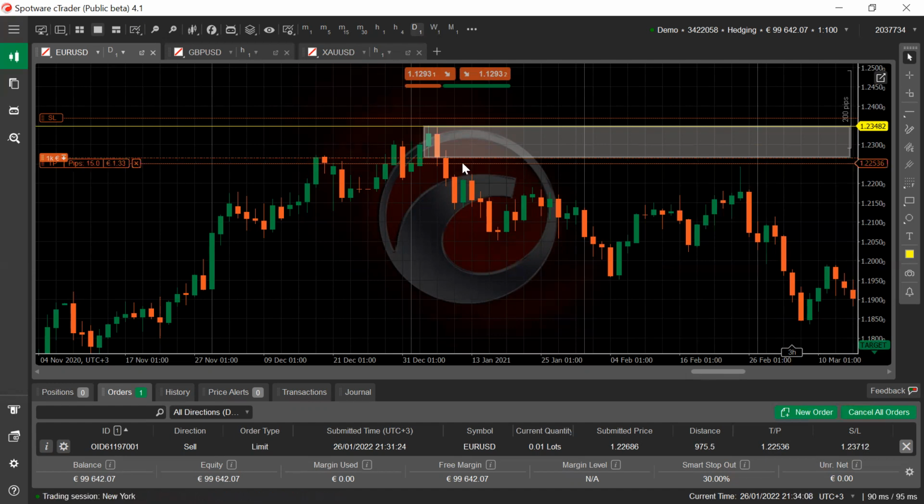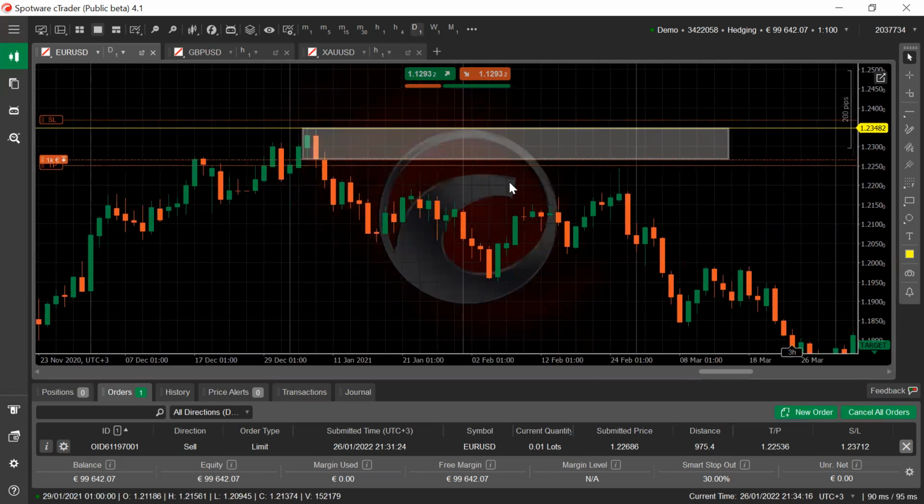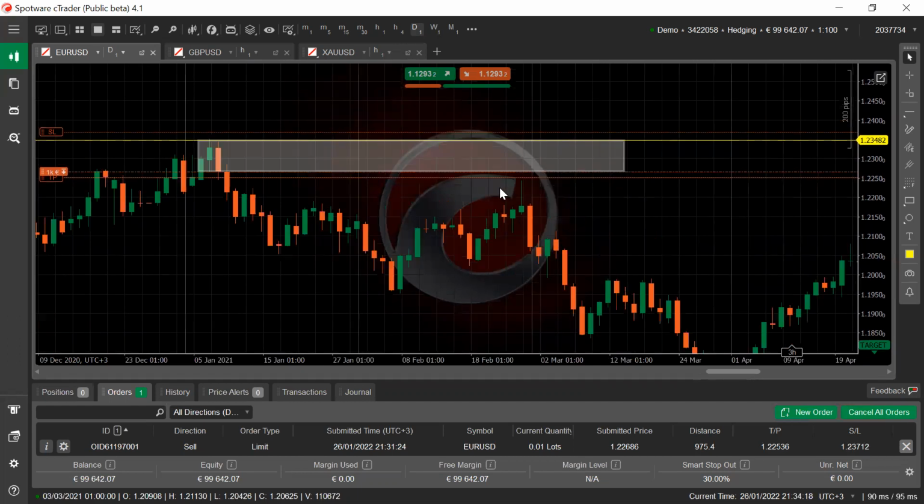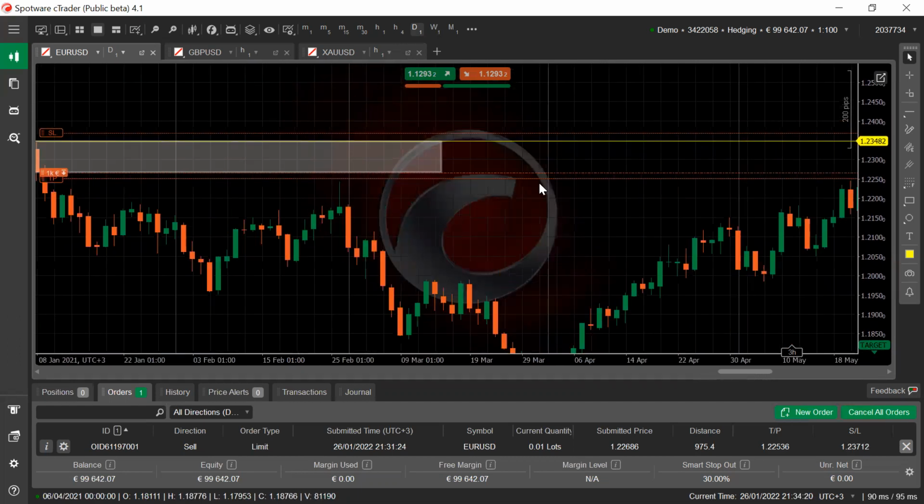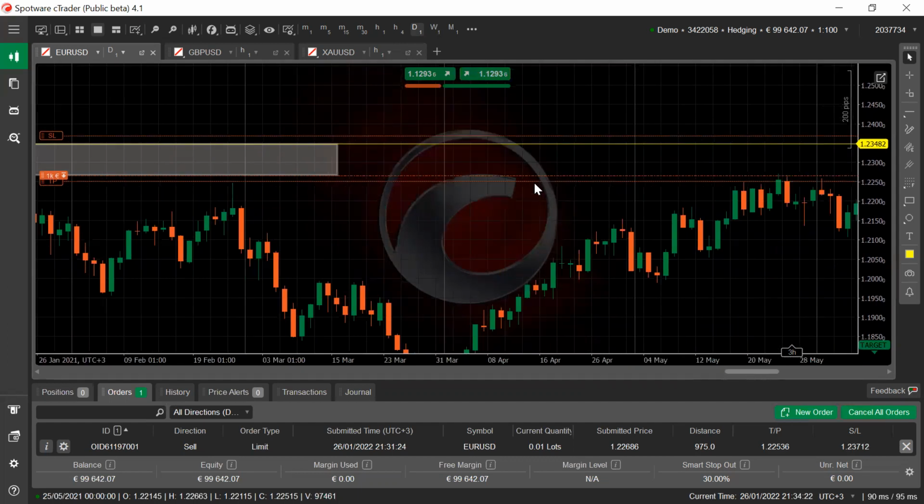As you can see, our target is right inside there, and our 15 pips is down here. So if we keep going on this, we shall find that at some point, that is exactly what will happen.